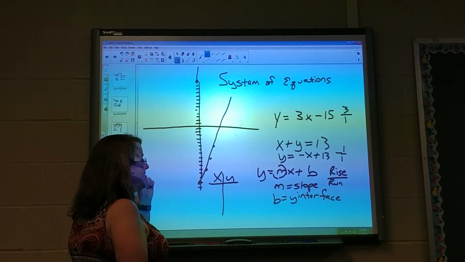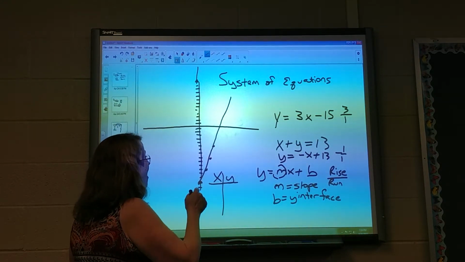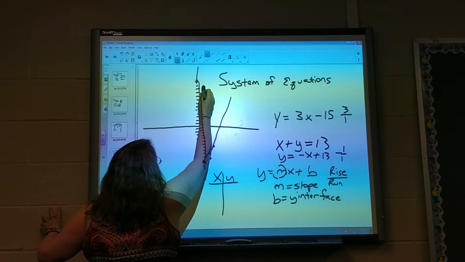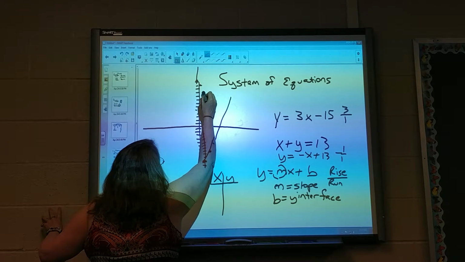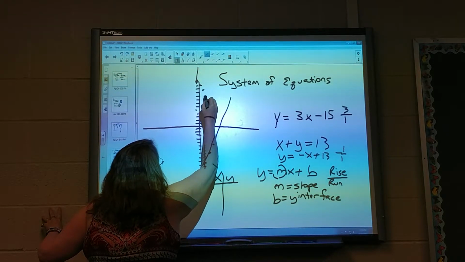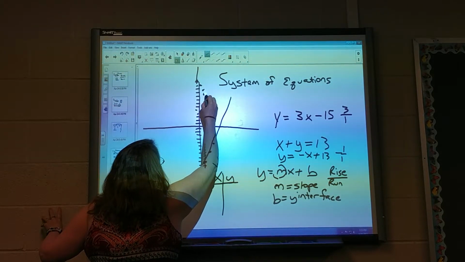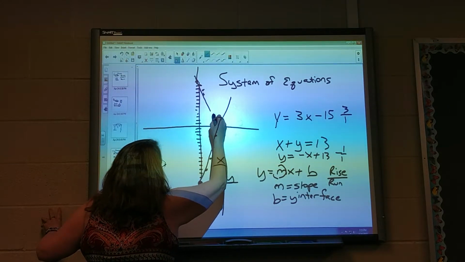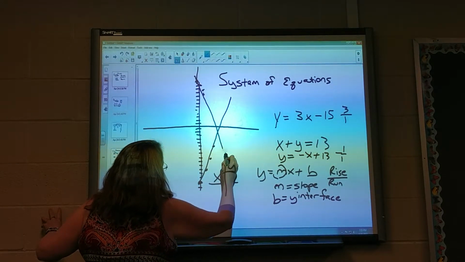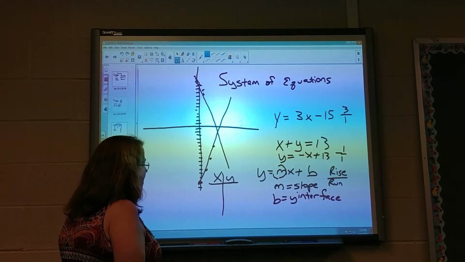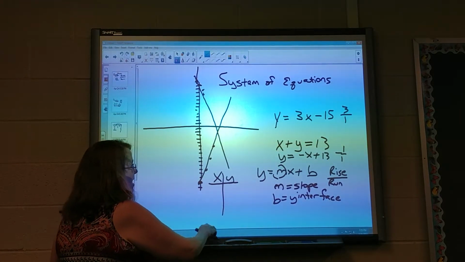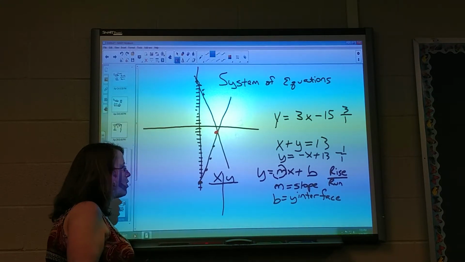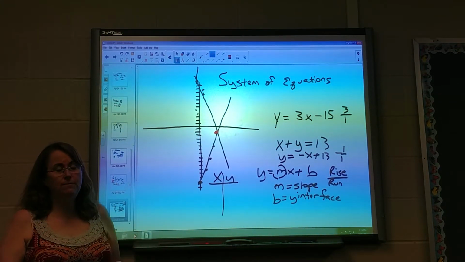And I'm going in the negative direction, so I'm going down 1 over 1. Down 1 over 1. Down 1 over 1. It's kind of like this. Now I'm probably not going to come out perfect on this, but if I graphed it correctly, the point where they cross is the solution.